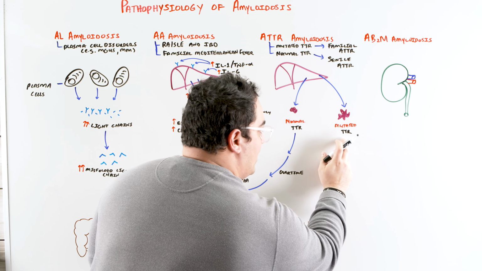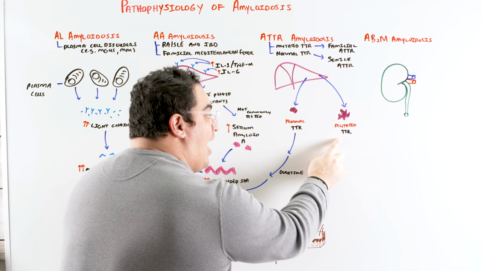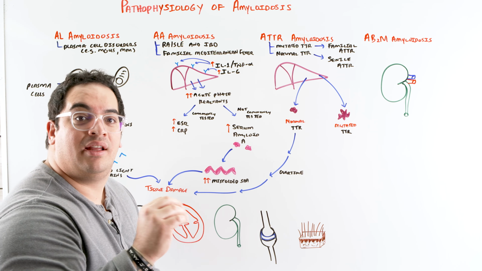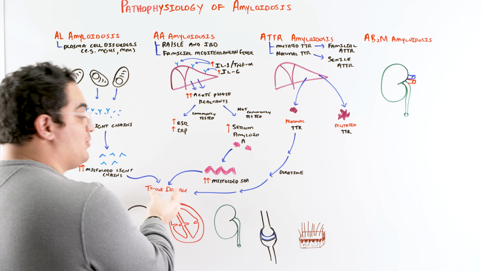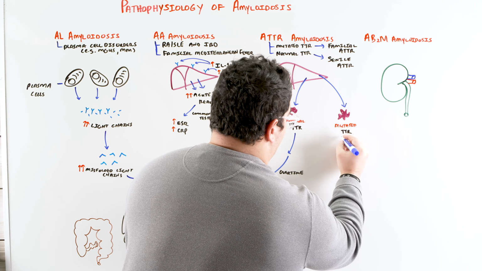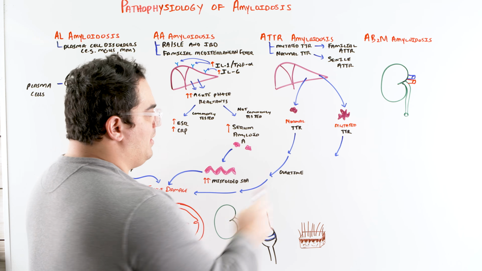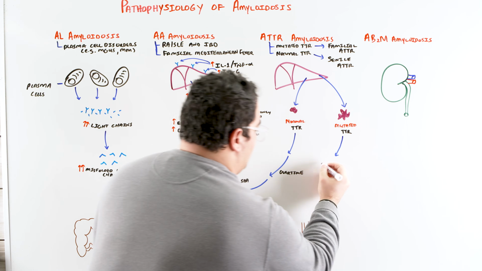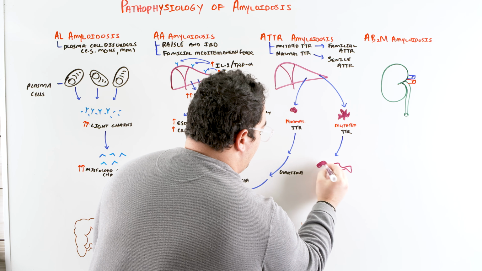The difference from this one is that this mutated TTR is now going to actually do what? It can easily misfold. And when it misfolds, it becomes resistant to being broken down. So that's what I want you to represent here, is that now this guy will undergo misfolding, and it'll turn from maybe a globular protein like this to becoming more beta-pleated.